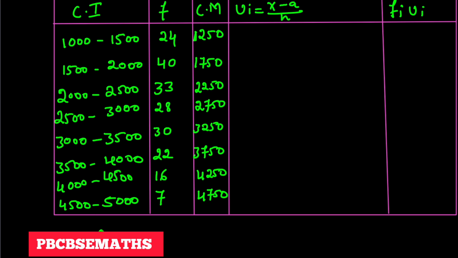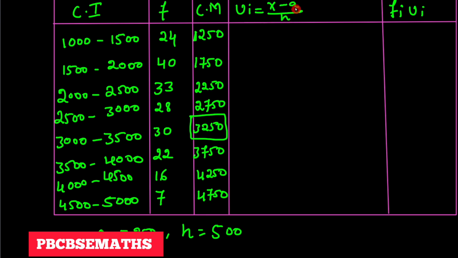Now we have to take any one of the values as a, that is the assumed mean. So let's take the value of a as 3250. Then h, that is the class size, which is the difference between upper limit and lower limit, which is 500. So class size is 500. We took assumed mean a as 3250.